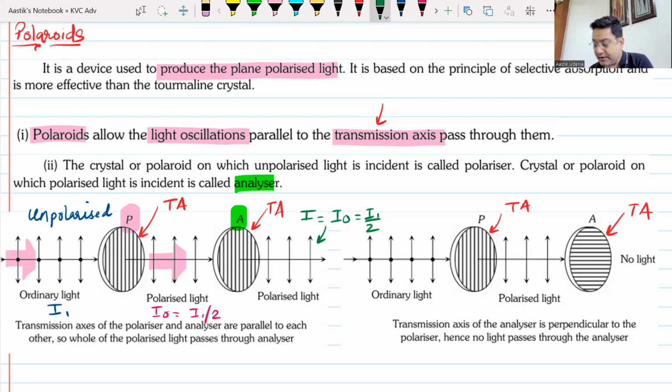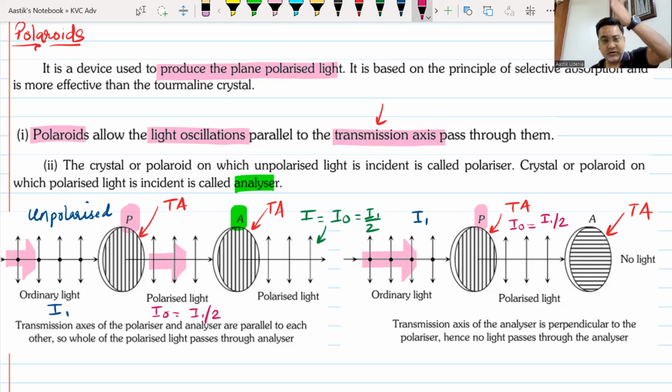Yes. The second case: this is unpolarized light, with intensity I1. Then you have a polarizer, so the light gets plane polarized. What will be the intensity of this light? I1 by 2. This question is going to come in the exam. Yes, I1 by 2.